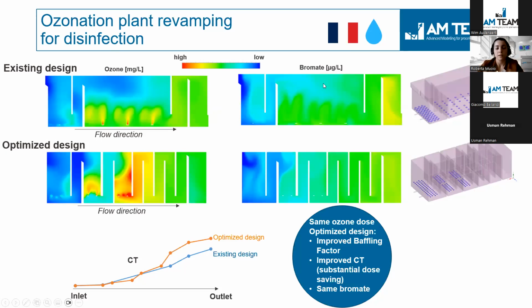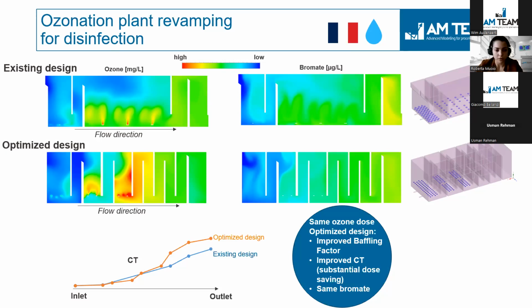Also there, we could act by including several baffles, increasing the ozone reaction chambers, and so on. And now we see a summary of the outcomes of this interesting project, where we are comparing in this slide the existing design and the optimized design in terms of bromide and ozone residual concentration. So first of all, if we look at the bromide, we see that with the same dose, comparing two cases under the same ozone dose, we have a very similar bromide formation.